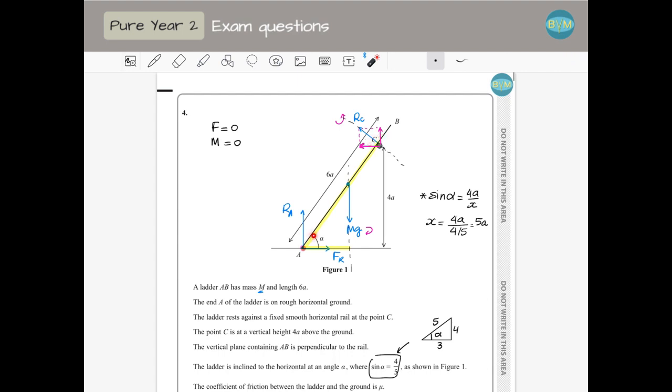This angle is alpha. These are alternate angles, which means this is alpha as well. And this is 90 minus alpha, because I have a right angle here, which means this is alpha, because again, this is 90. So I can say that this angle here is going to be alpha. So this component here is going to be RC.